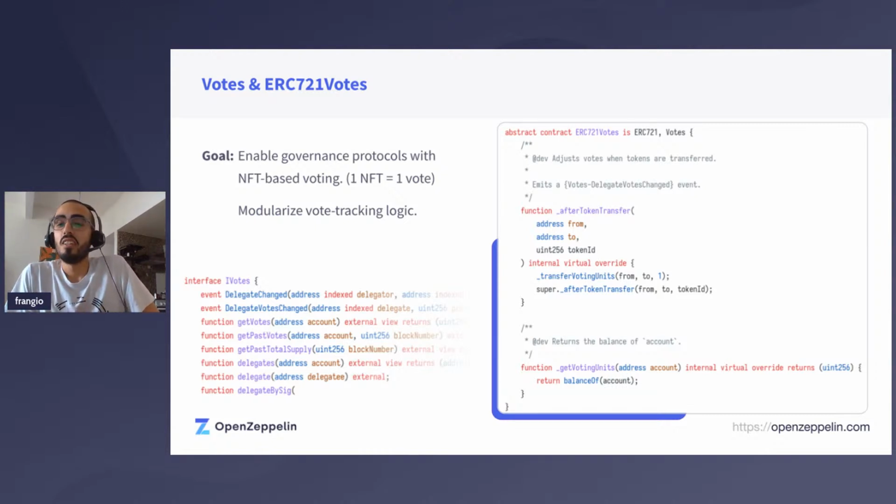I think it's good documentation, but that's also something that we invite you to review and welcome feedback on. But the code here on the right, I think, is really interesting because it shows how simple it was actually to integrate the modular vote tracking contract into ERC 721. It's just these 10 lines minus comments.